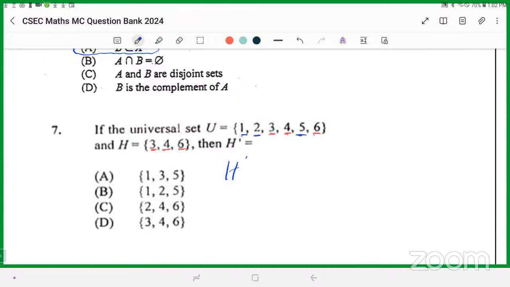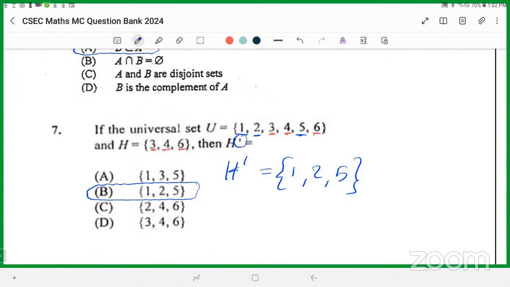So H complement will be 1, 2, and 5, the values that are in the universal set but not in H. So the answer is this one.